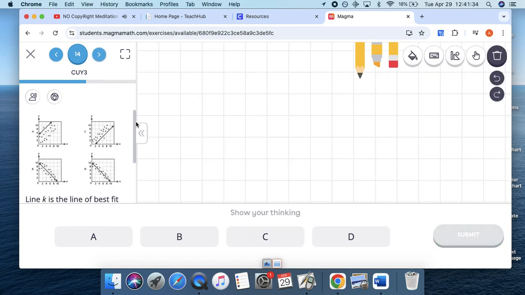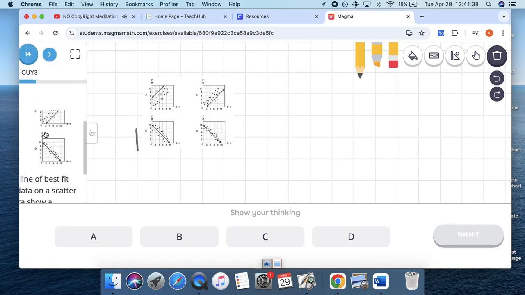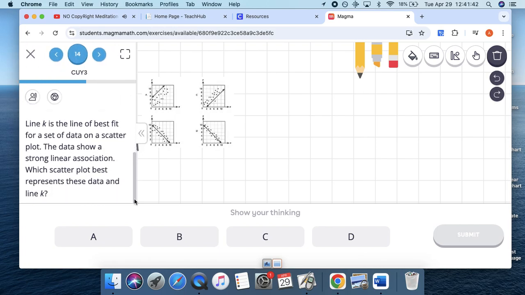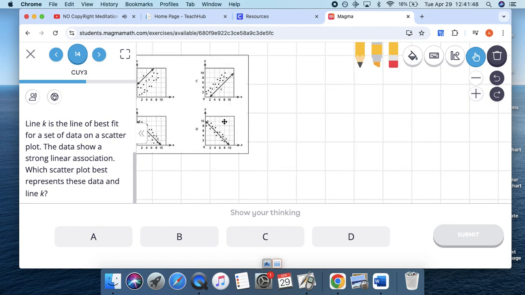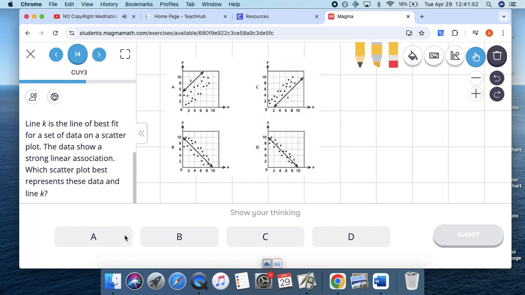14. Line K is the line of best fit. Again, the data shows strong linear association. Which scatter plot best has the line of best fit? Look at A. It's obvious it's not A. That's not even close to being a line of best fit.